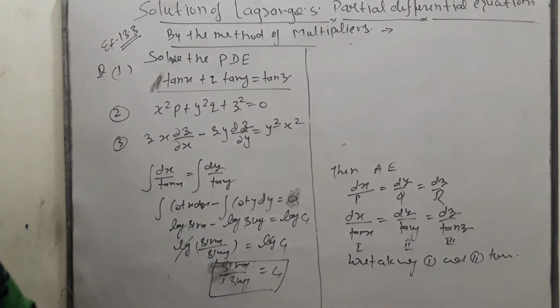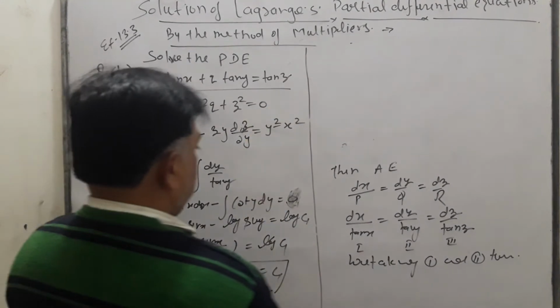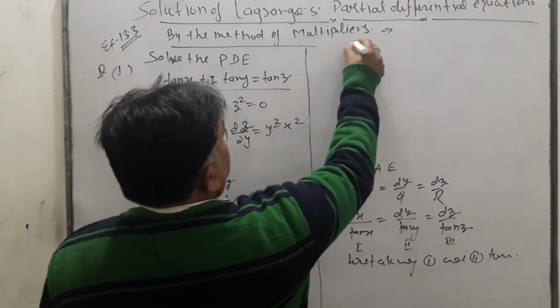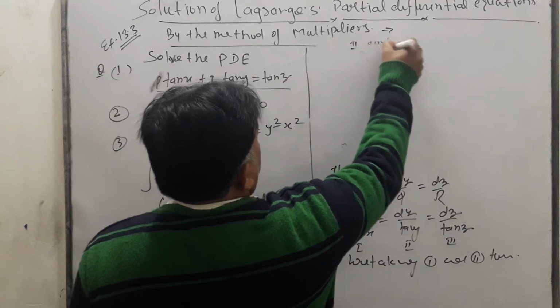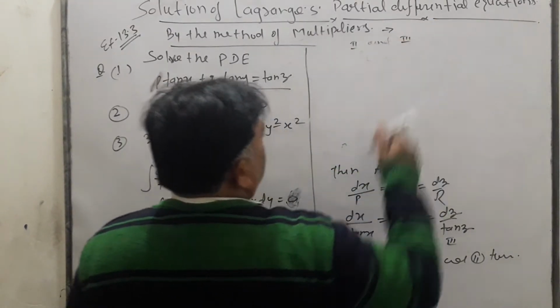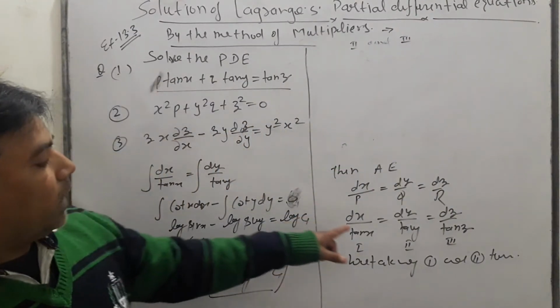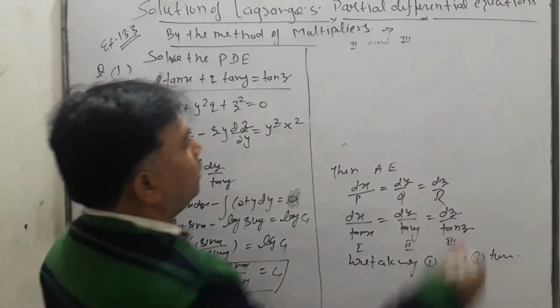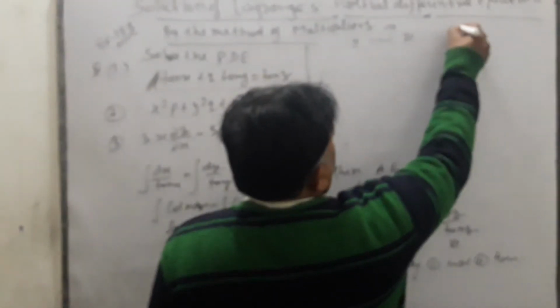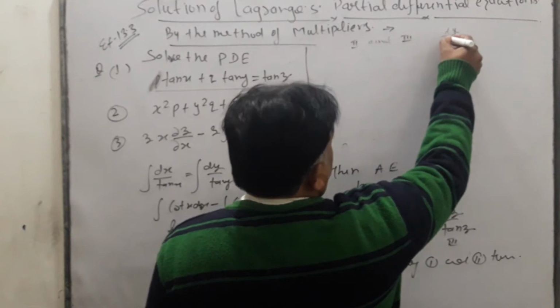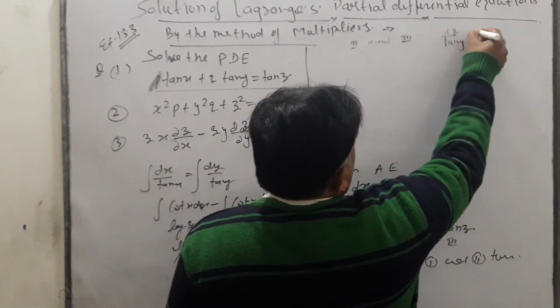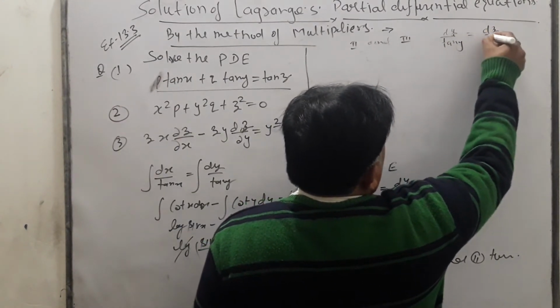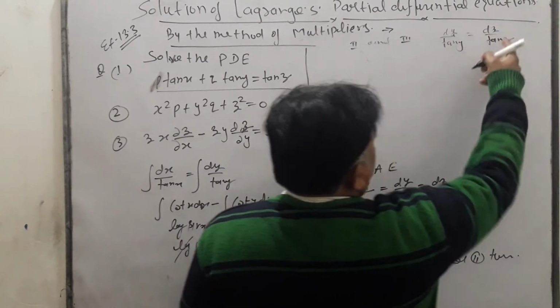Now take the next two terms, second and third: dy over tan y equals dz over tan z.